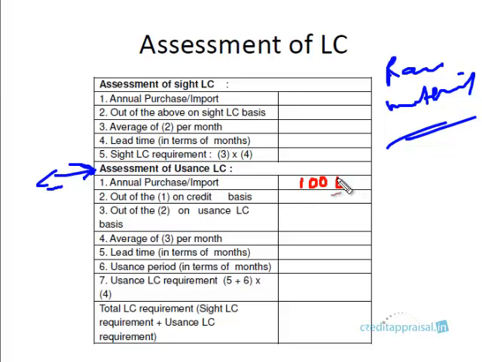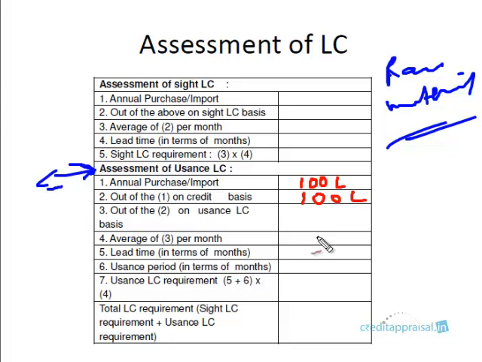Maybe this is the annual purchase of raw material for the company. So out of this, they calculate what is on credit basis, right? Because if it is in cash, there is no question of LC. LC is a credit payment, right? So let us assume this is 100%. Okay, entire purchase the company is making is on credit basis. So then what we have to see is, out of this, how much is being made on usance LC basis.